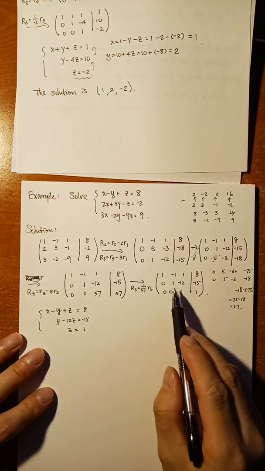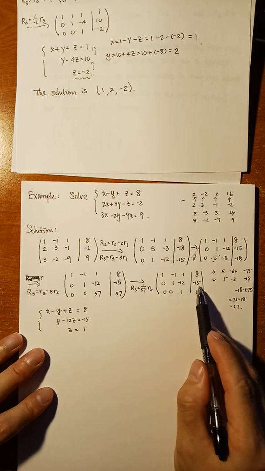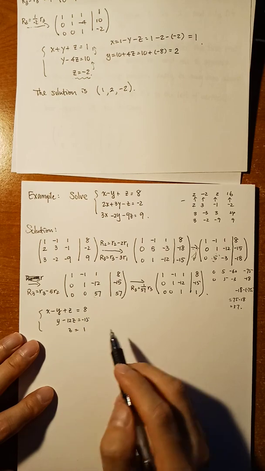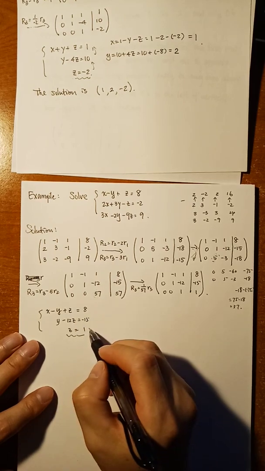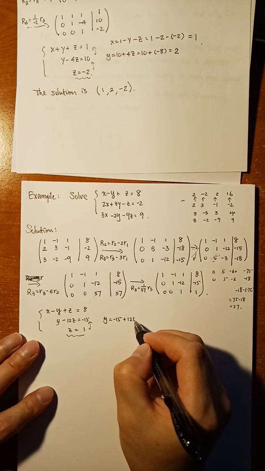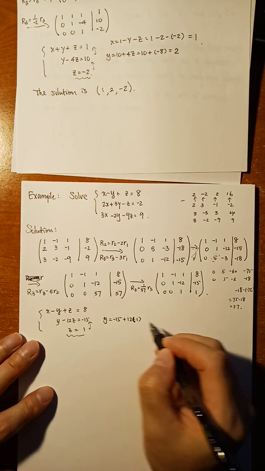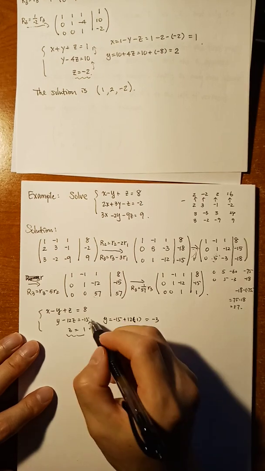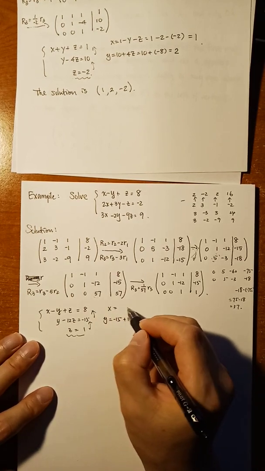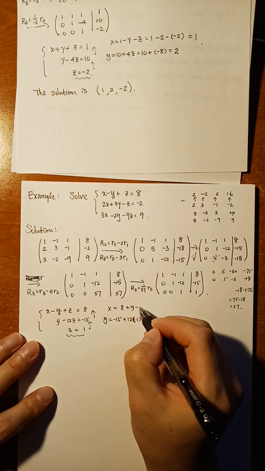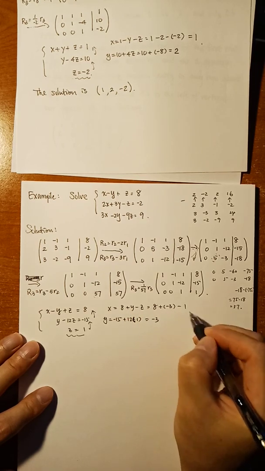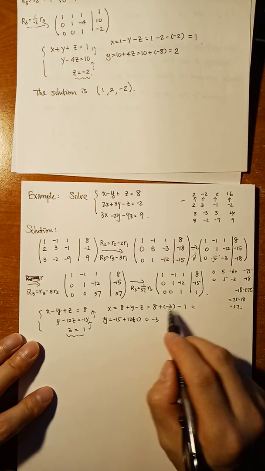Okay, so z is 1, y minus 12z is equal to negative 15, x minus y plus z is equal to 8. So z is 1, you move back, so y is negative 15 plus 12z, z is 1, so negative 3, and then you continue to move back, x is 8 plus y minus z, 4.